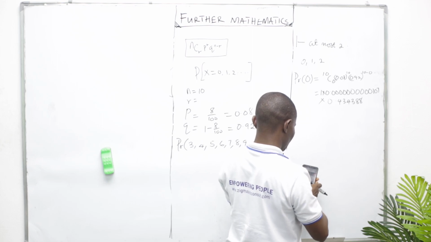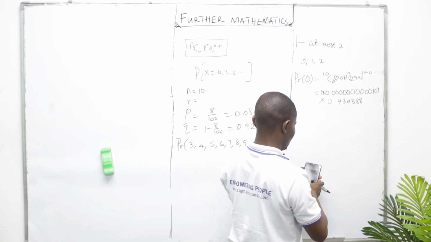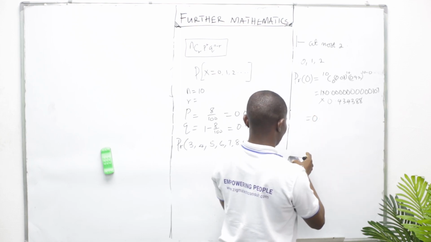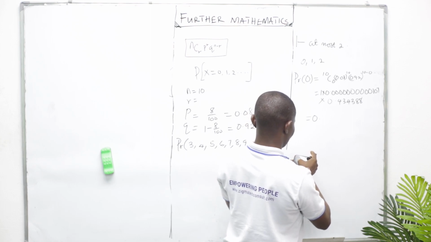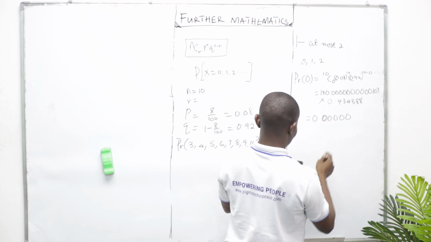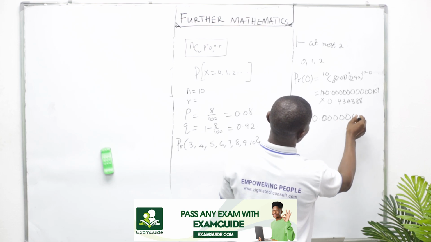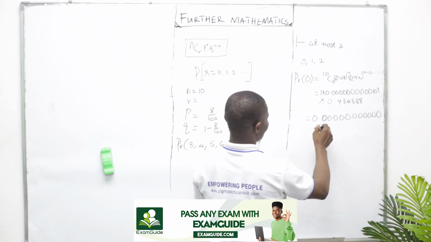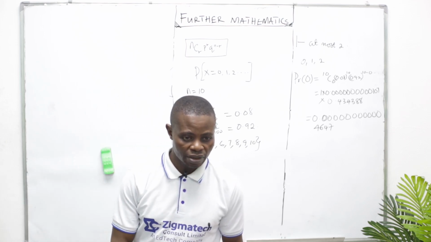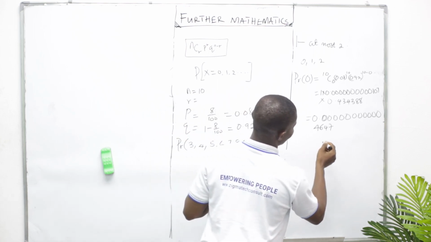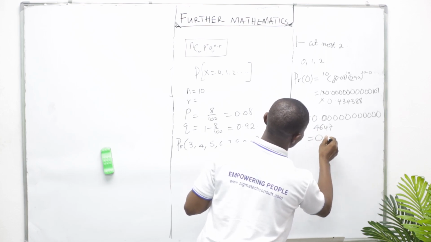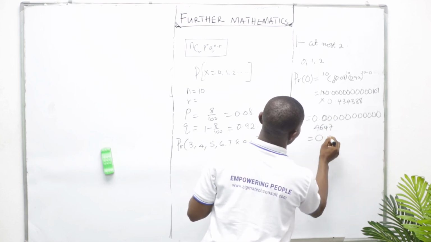Calculated correct to 2 decimal places, this is 0, because the rest cannot work; there are zeros here.